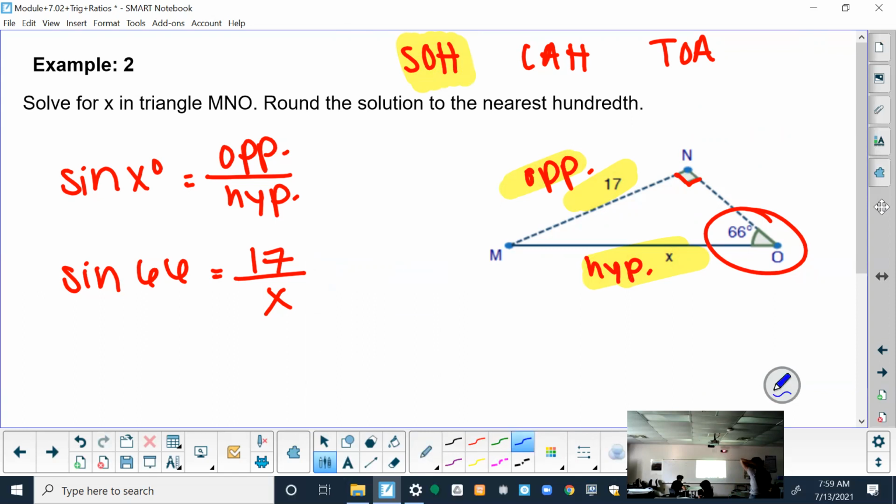All right, now let's see how well we remember algebra, because we need to solve for x now. This one, it's a little trickier. You can't just like divide or multiply 17, right? So what do I do instead to isolate the x first?